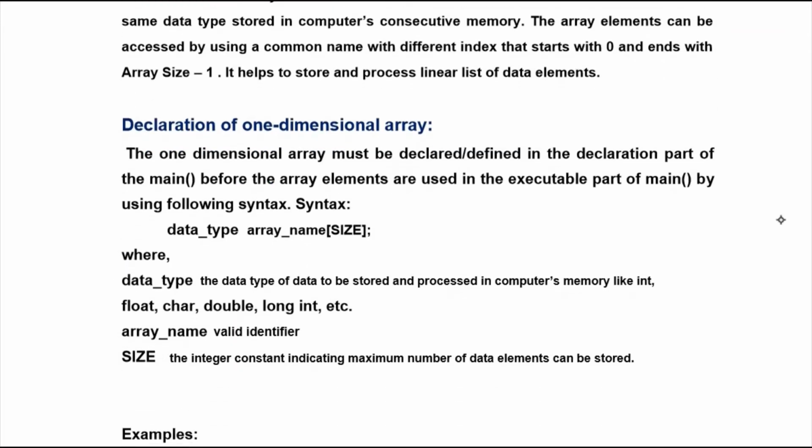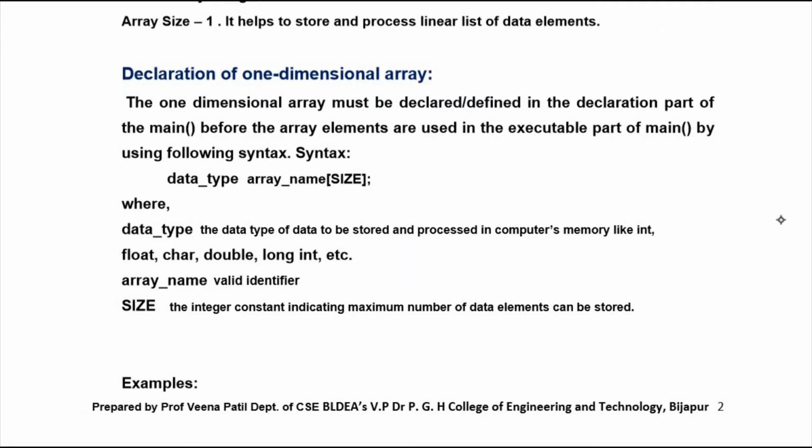Now, how do we declare a one-dimensional array? A one-dimensional array must be declared or defined in the declaration part of the main before the array elements are used in the executable part of the main, by using the following syntax. The declaration has to be done before we use the array. The syntax is data type, name of the array, then the size of the array.